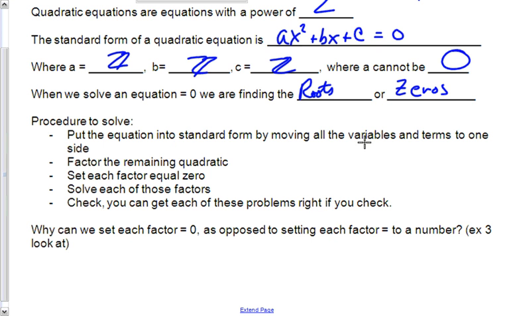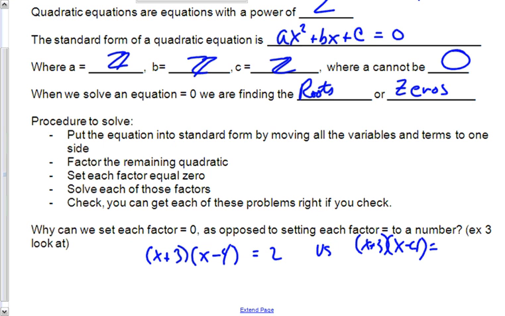One thing you have to realize is you have to set each factor equal to 0, as opposed to setting it equal to a number. There's a big reason for that. If I have x plus 3 times x minus 4, and you set each of them equal to 2 versus equal to 0, you might say, I'll just make this one x plus 3 equals 2, and then x equals negative 1.